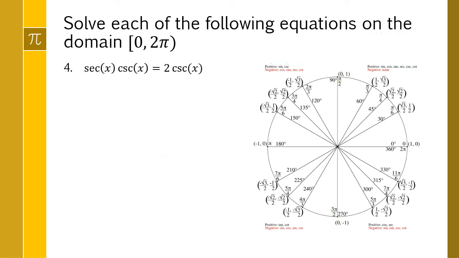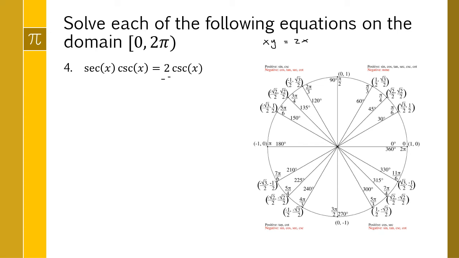So let's look at another example that is somewhat similar. The first thing that I would do on this one is get all of the stuff on the same side of the equation. So if you had a problem that was something like xy is equal to 2x, we want to set this equal to 0.